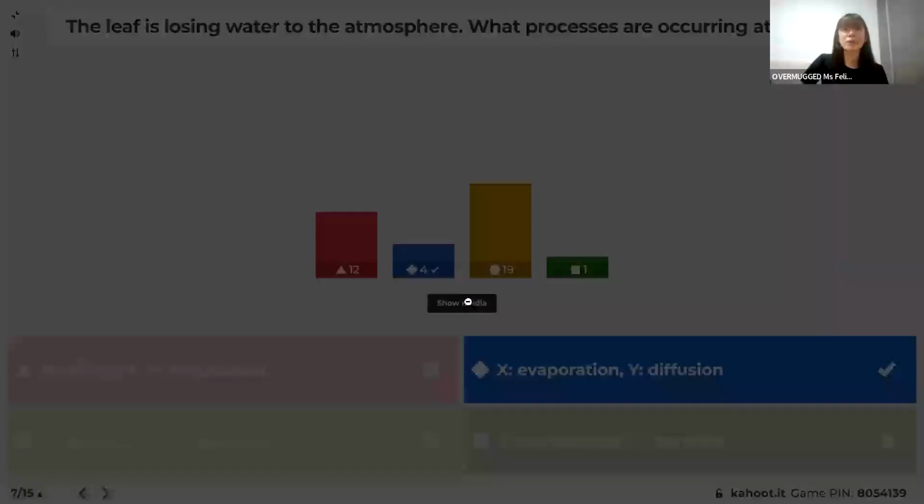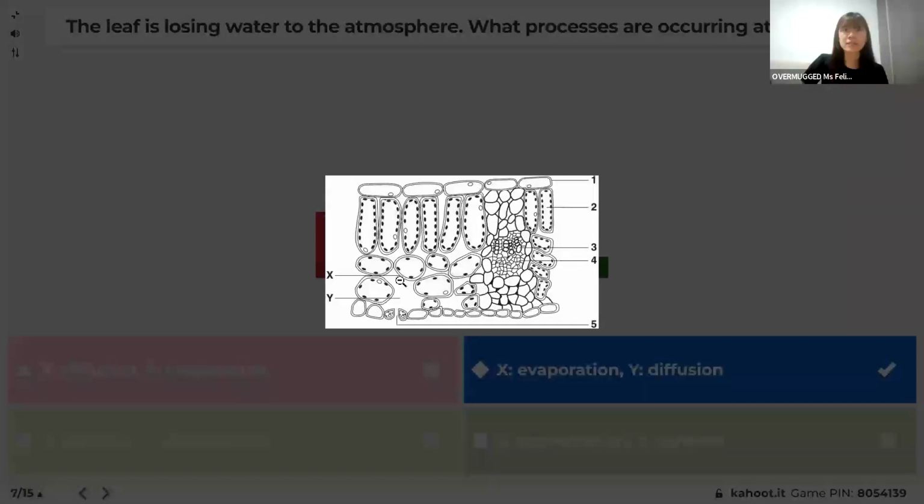Okay, for process X over here, can you see that it's not pointing into the spongy mesophyll, it's pointing to the side. The side is the thin film of moisture. When the thin film loses water, it will lose it to the intercellular airspace, right? So that is actually evaporation, because the moisture, which is liquid, goes into the gap here, which is gas.